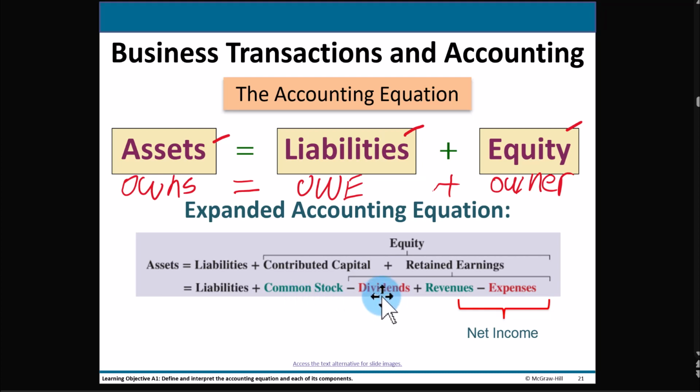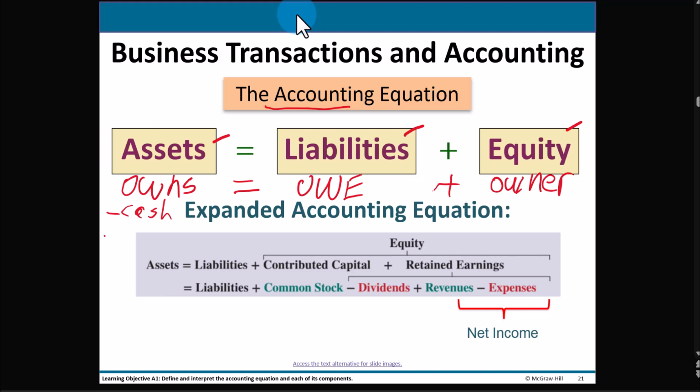Now, each different type of asset the company owns is going to be tracked in a category called an account. So one account for assets would be cash, the money that the company has in its bank account or in the cash register or in the safe.